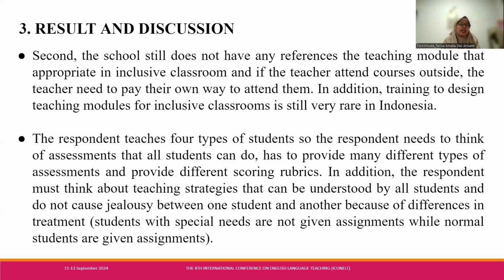For example, a student with special needs doesn't need to complete the assignment, while normal students must finish their assignment. The duty of the teacher is not to create this situation.